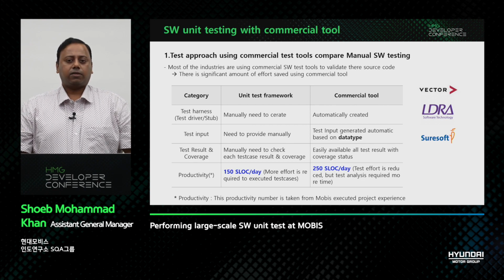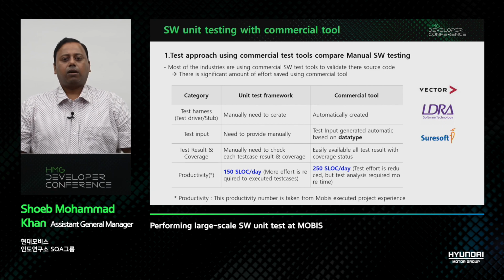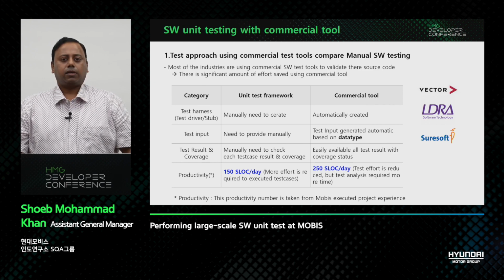Test harness creation: commercial tools automate the creation of the test cases, including test driver and test stub. Test input generation: commercial tools automatically generate test inputs based on the data types, eliminating the need for manual input creation in manual unit testing.